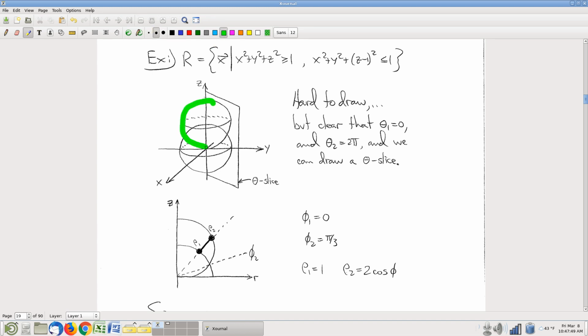That's easy. This sphere here, a theta slice of that sphere is just that. Right? This sphere down here, a theta slice of that is just this.